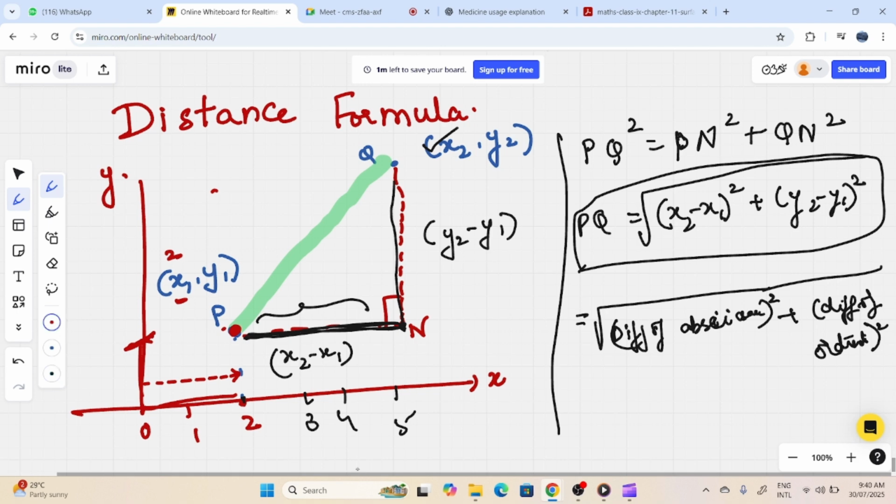Difference of abscissa is x2 minus x1, always. It's not x1 minus x2, it is x2 minus x1 and y2 minus y1. It becomes easy to remember because this difference is your one side, this difference is your second side. Once you get it clear, more than half of your job is done.